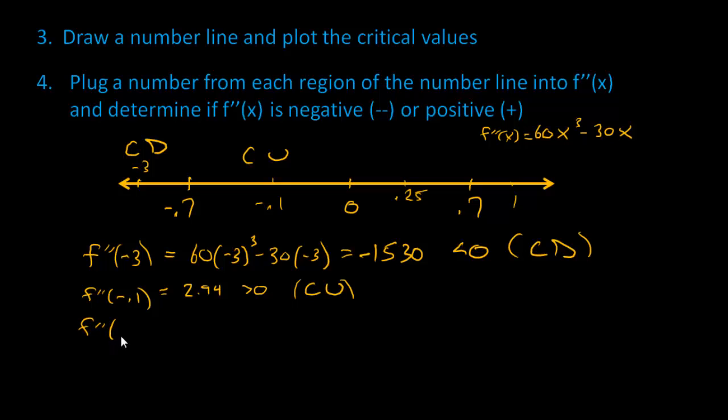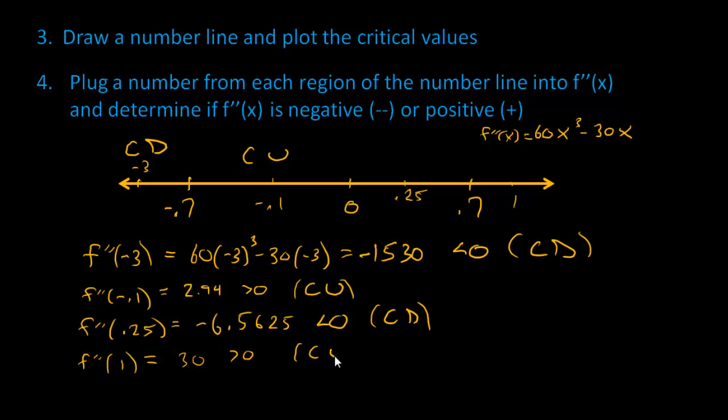Then f double prime at 0.25 is going to give me negative 6.5625. Again, that is negative, so we are concave down. And finally, the second derivative at 1 is just going to give me 30, which is positive, and that is concave up.